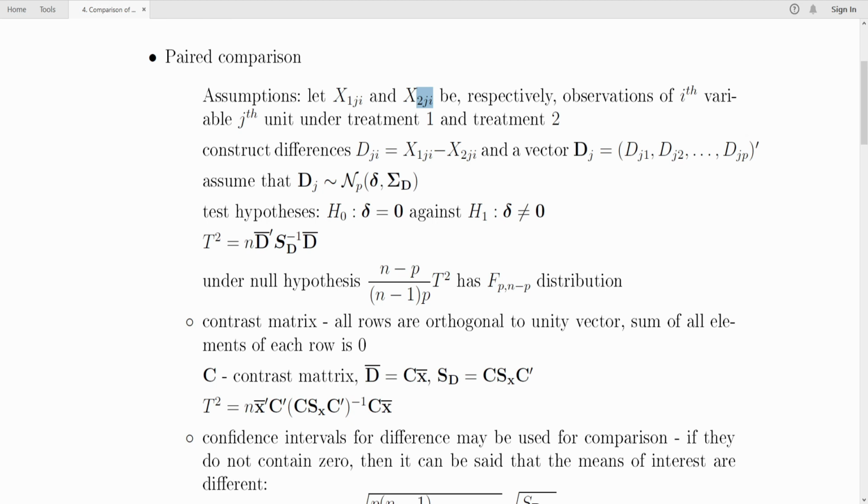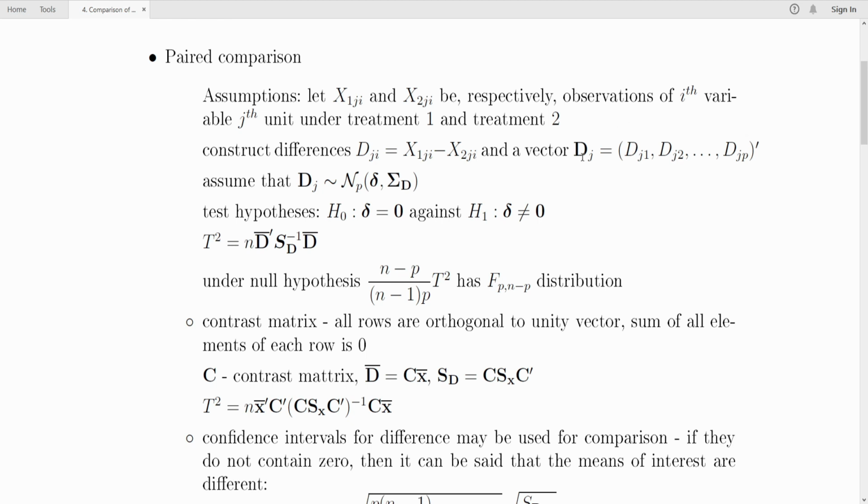This is our goal, and it is equivalent to what we had in the univariate case, X_j1 minus X_j2. We will denote that difference as d_ji. So d_j1 is when you substitute for the first variable. Basically we just add the third subscript that represents the variable, and in that way we obtain all the differences.